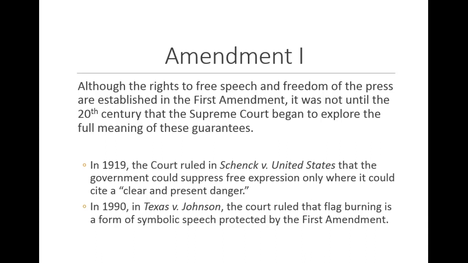In 1919, the court ruled in Schenck versus the United States that the government could suppress free expression only where it could cite a clear and present danger. In 1990, in Texas versus Johnson, the court ruled that flag burning is a form of symbolic speech protected by the First Amendment.